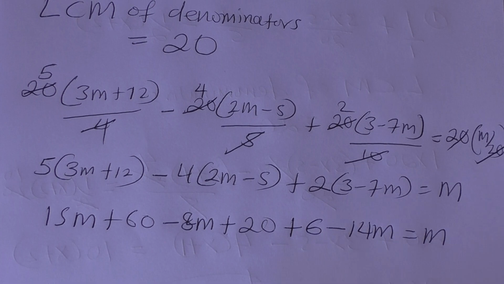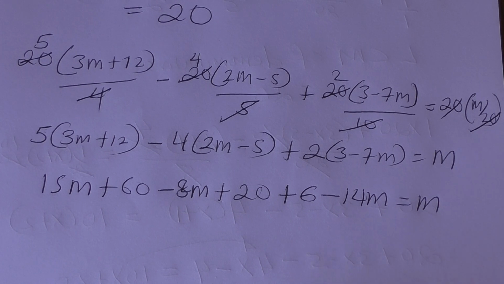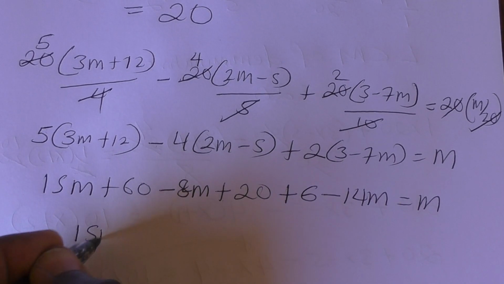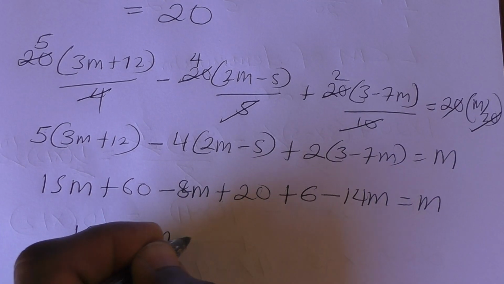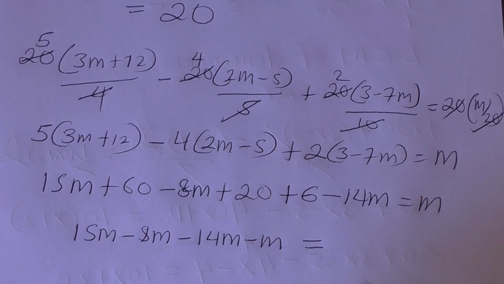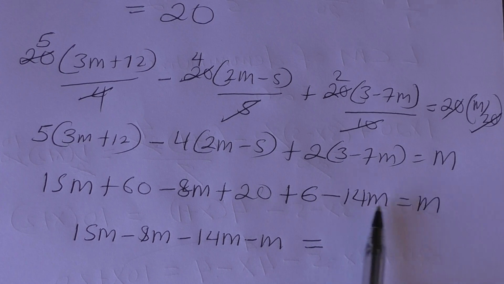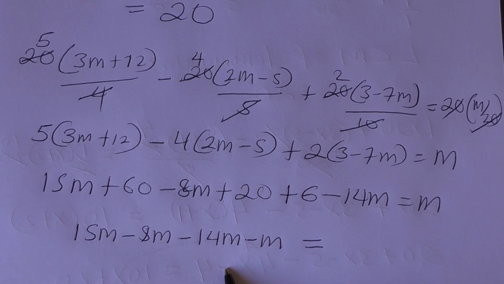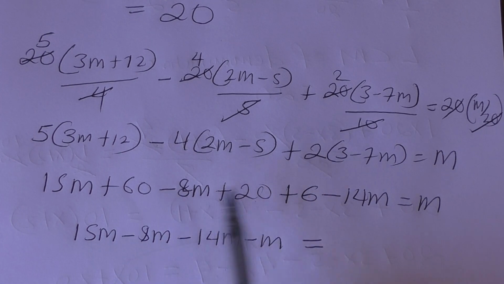So after opening brackets, our next step is to collect the like terms. So we shall have 15m minus 8m minus 14m minus m equaling to, we get this and this on one side. Then we take the constants on the other side.